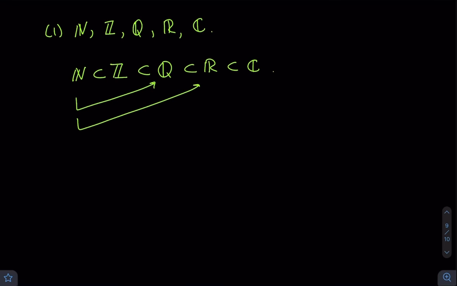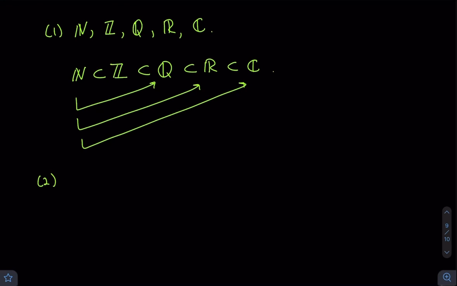It's also a subset of the real numbers, and it's also a subset of the complex numbers. Likewise, the rational number set is a subset of the complex. The set of integers is a subset of the reals and the complex. So we have a nice ordering of these 5 special sets.